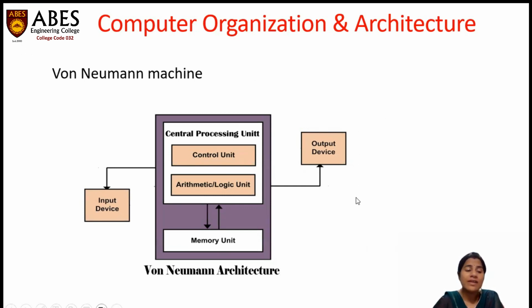Output devices can be video terminal, any display, printer, or plotter, from where we can see the output. The output devices include those types of devices from where we can see the processed information, the processed work, which is assigned to the computer's central processing unit.